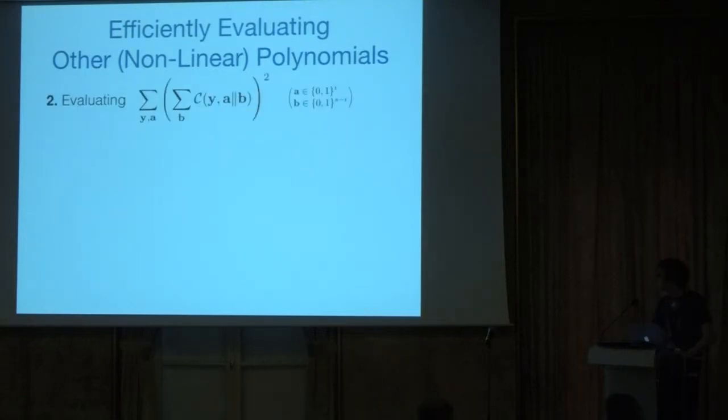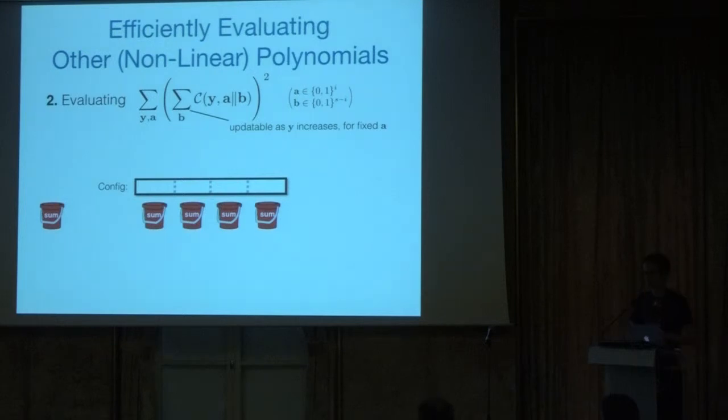So what we do instead is you start with the observation that, again, these inner summations are efficiently updatable as y increases. So one way to try to compute this polynomial more efficiently would be to assign some amount of space to each inner summation and just keep track of how that quantity updates as you go from time step to time step.